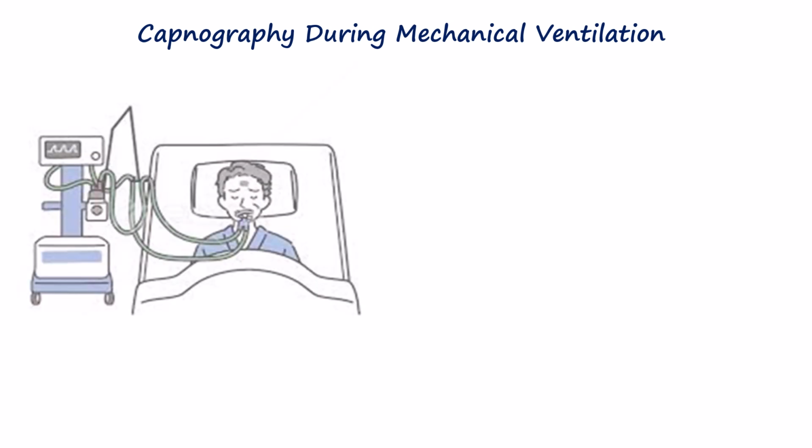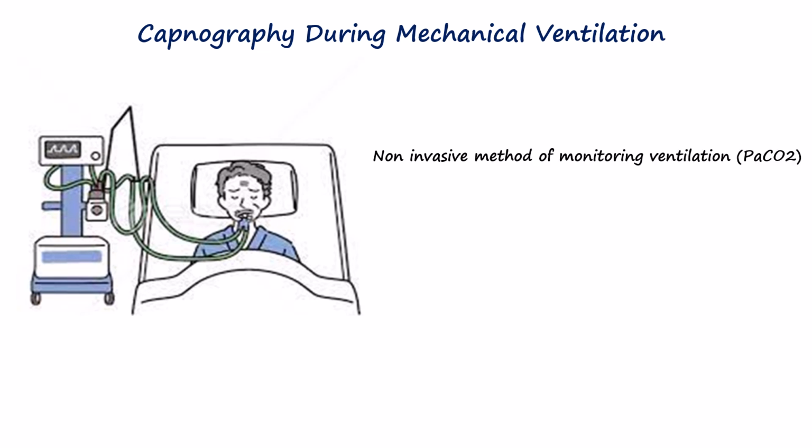While ABGs provide an accurate but intermittent and invasive measurement of PaCO2, capnography allows for continuous non-invasive monitoring of end-tidal CO2, which is a close estimate of PaCO2 under stable conditions. So capnography improves the management of mechanically ventilated patients and may reduce the need for frequent ABG sampling.